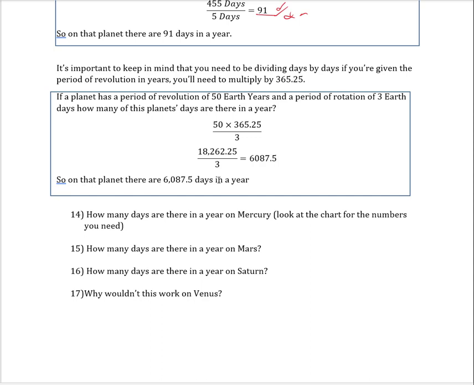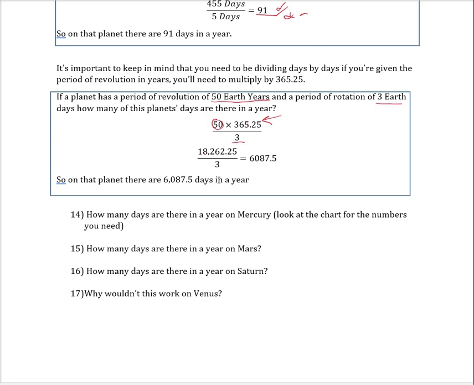So I set this up: 50 Earth years, multiplied by 365.25, then divided by 3. 50 times 365.25 is 18,262.5. Then I divide that number by 3 and get 6,087.5.